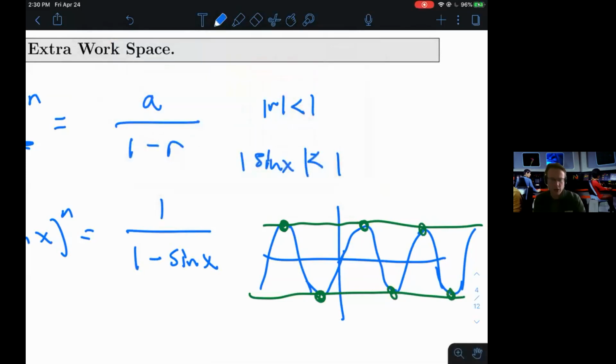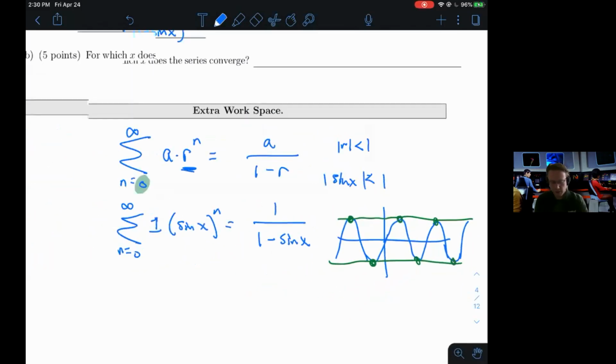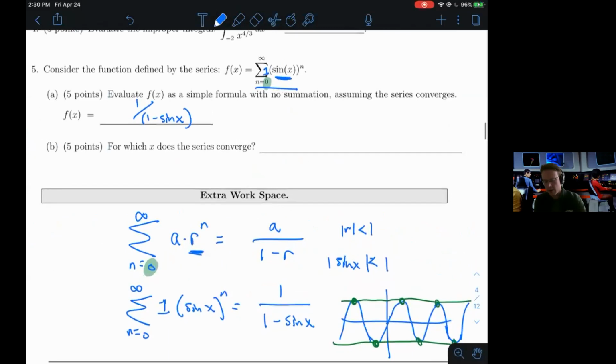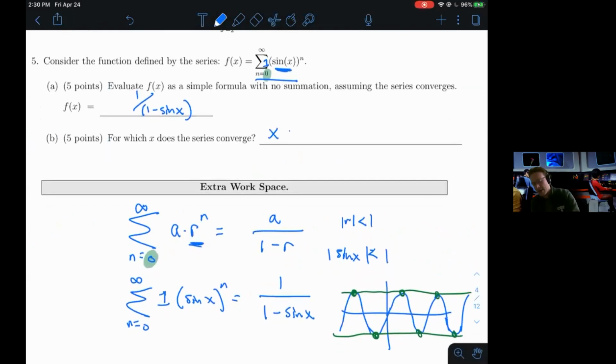We need to go back to our trig days for a little bit, and basically anything but an odd multiple of pi over 2. So it's going to converge darn near everywhere whenever x is not equal to, in shorthand, k times pi over 2.